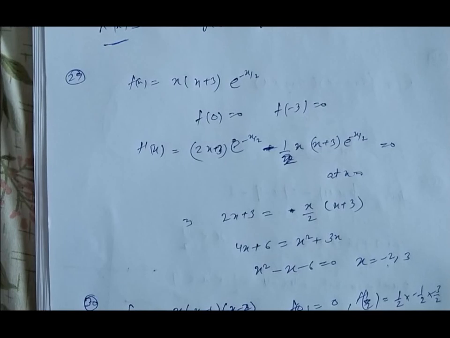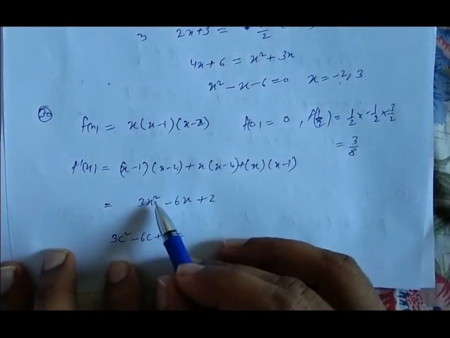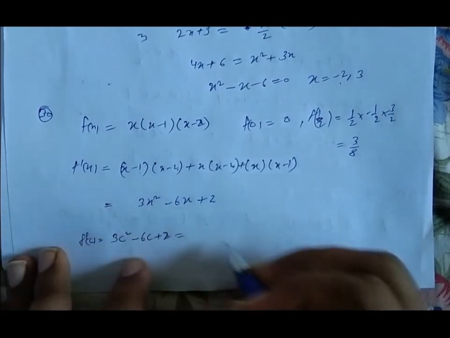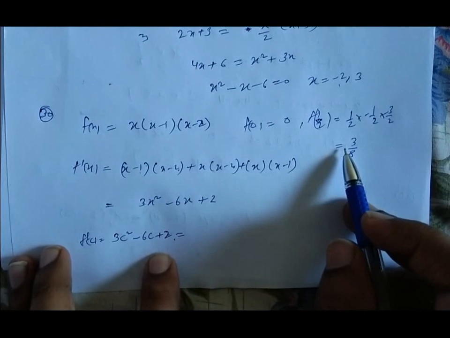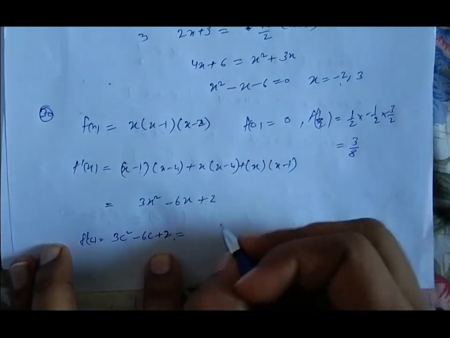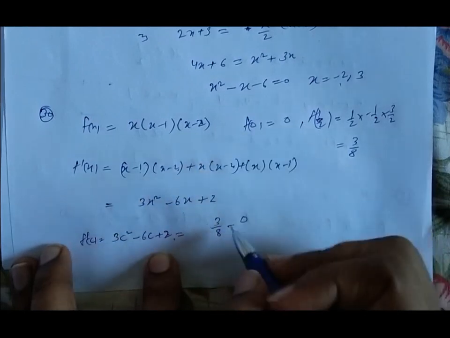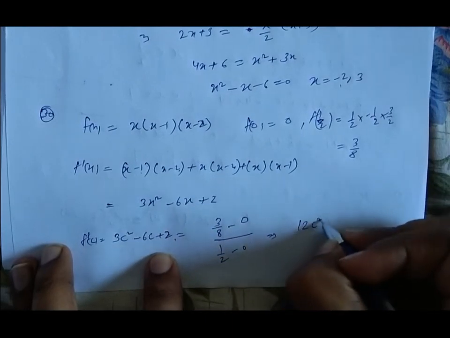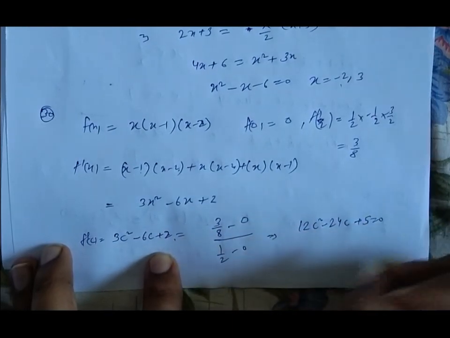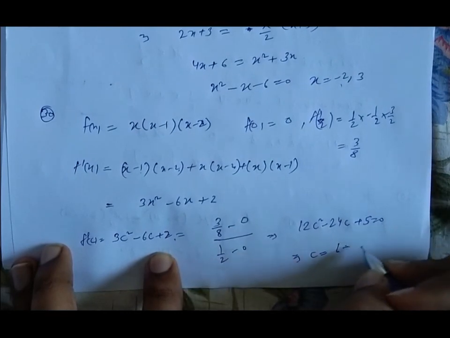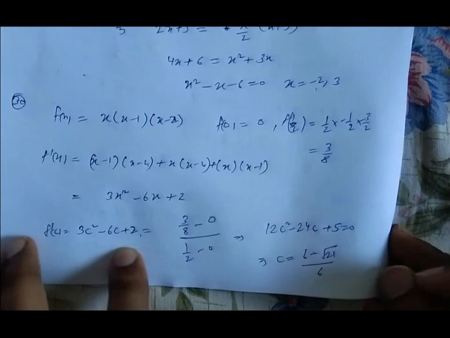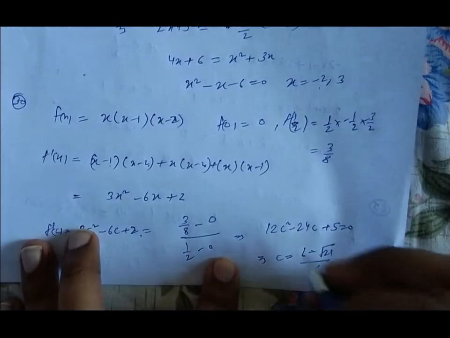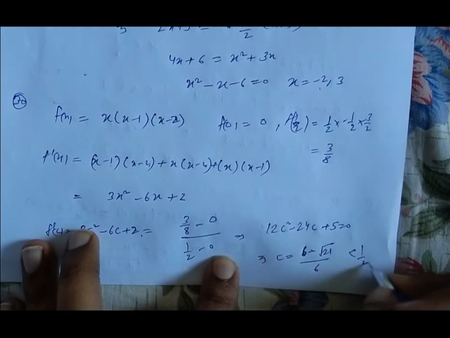So 3c square minus 6c plus 2, which in turn according to mean value theorem should be equal to f of half minus f of 0 upon half minus 0. So 12c square minus 24c plus 5 is equal to 0. This implies c is equal to 6 minus root 21 by 6. Okay, so c over here is less than half.